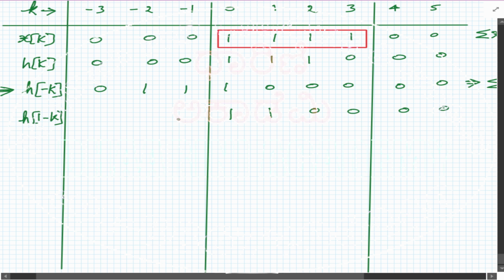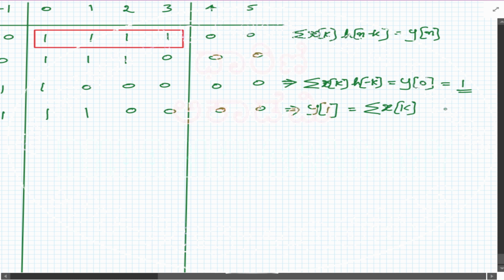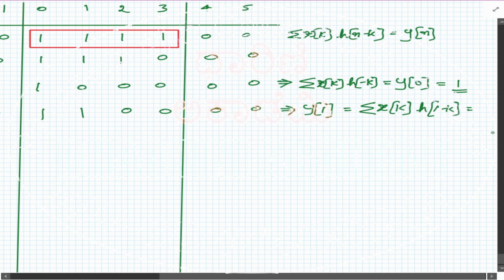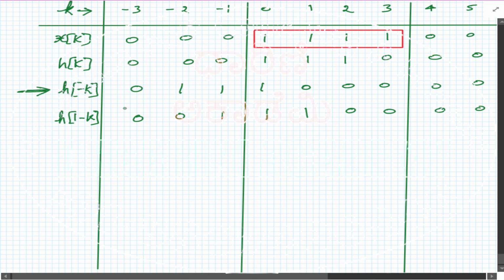So y of 1 is equal to the summation of x of k as it is, no change, but h becomes h of 1 minus k because you shifted. So this becomes equal to 2. The second sample of the result of convolution is 2.